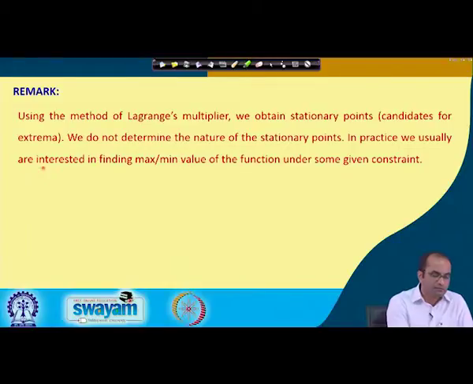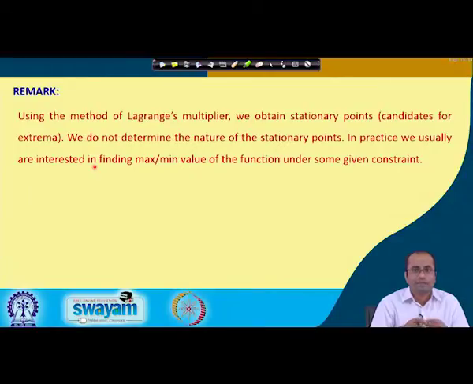In practice, in many problems we are usually interested in finding the maximum and the minimum, so the global maximum and minimum value of the function under the given constraint. So, in this lecture, by this Lagrange multiplier, we basically find all the candidates, the so-called critical points of the problem, where the maximum or the minimum may take place.